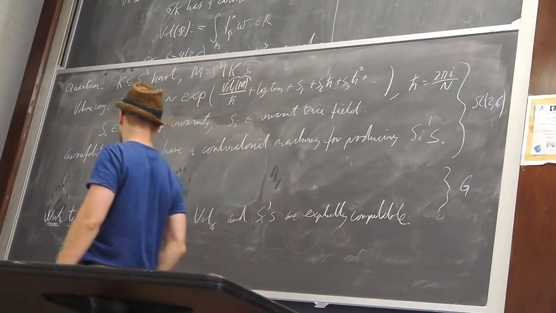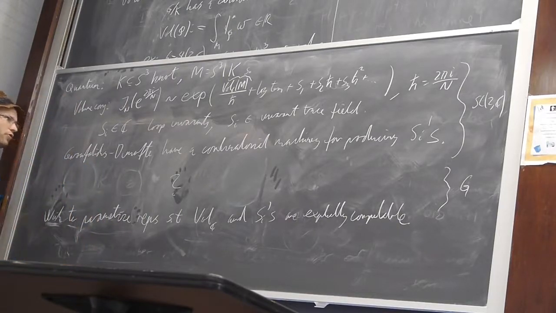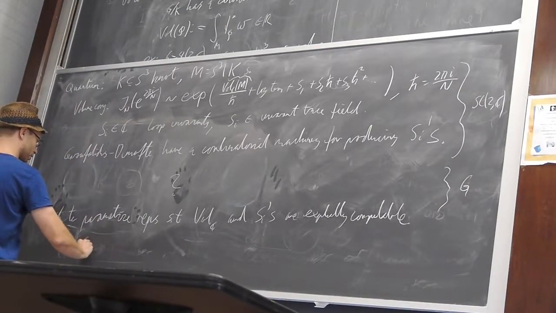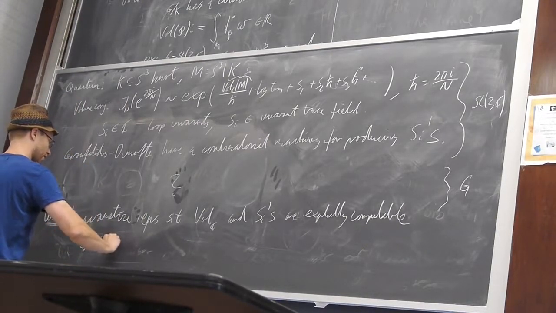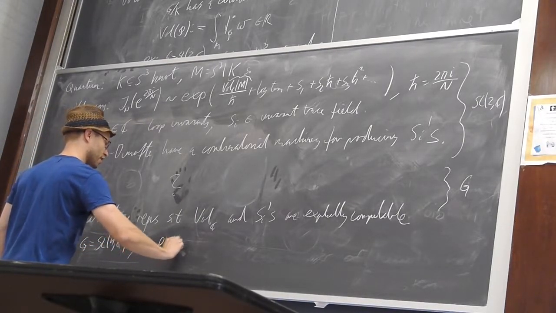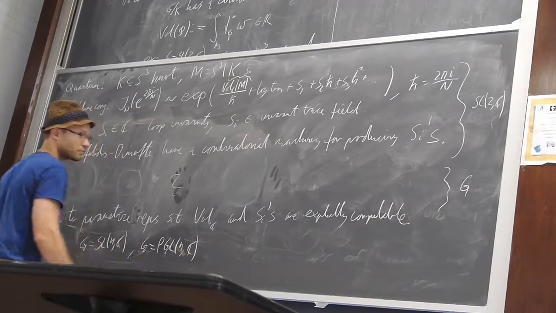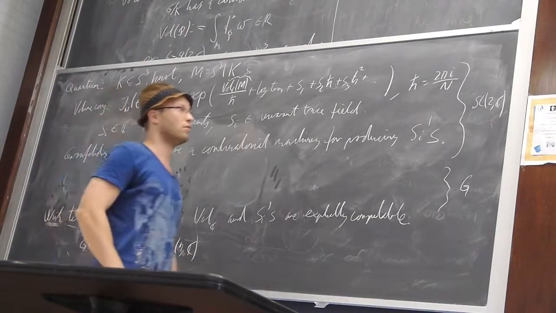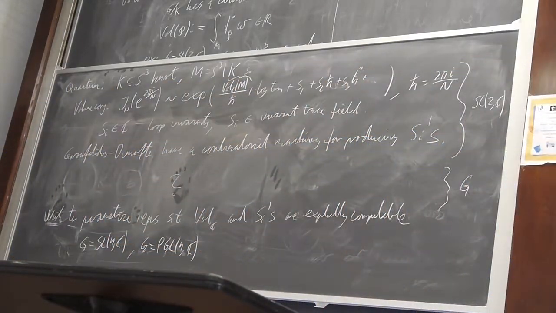And we can do this for, so we will only be looking at G equals SLNC and G equals PGLNC. So let me just summarize the setups of these two cases.